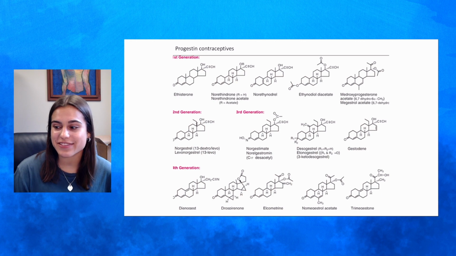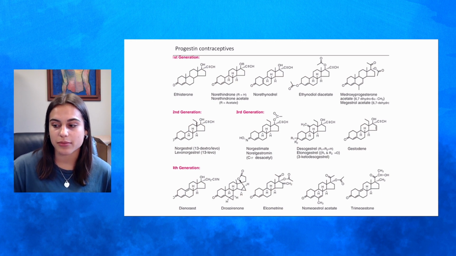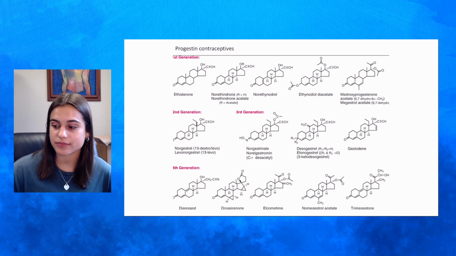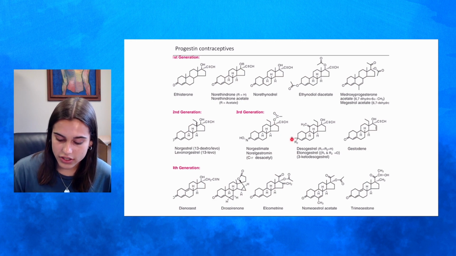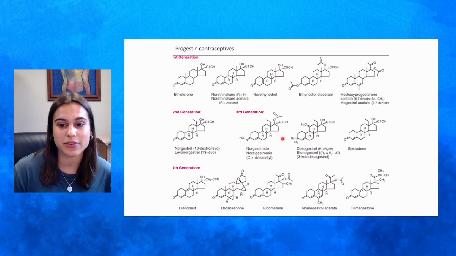It had high activity, and it was highly selective for the progesterone receptor, which means that it had little androgen effects. And then the next one there, desogestrel, had really similar properties to the first one.